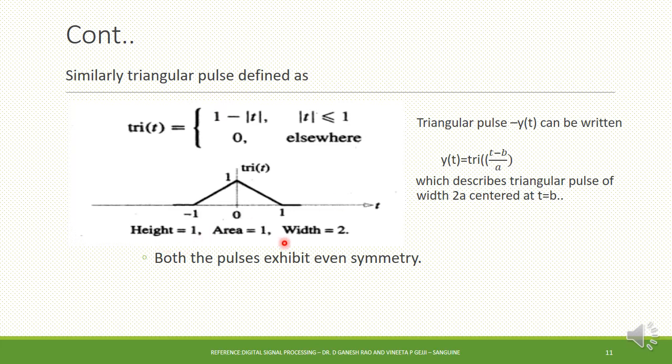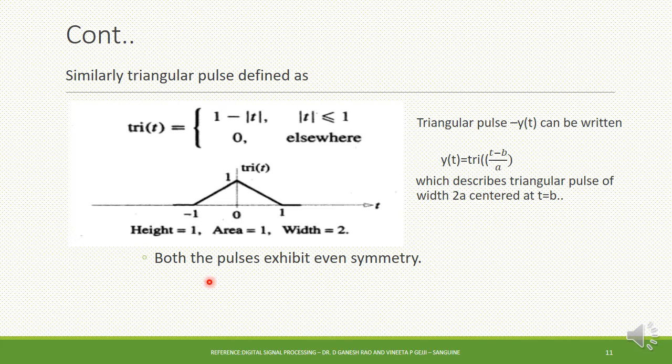Here also the height and area are equal to 1, whereas the width is equal to 2. So by this definition and figure, we write the triangular pulse: y of t represents the triangular pulse, which can be written as TRI of t minus b divided by a, which describes a triangular pulse of width 2a centered at t equal to b.